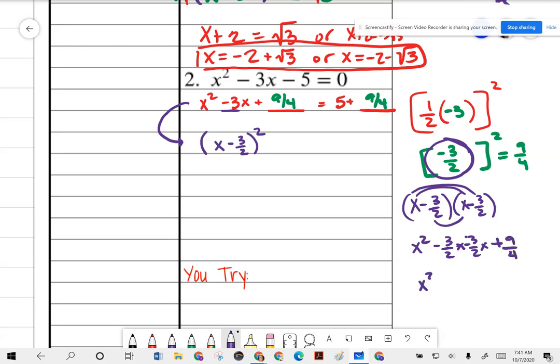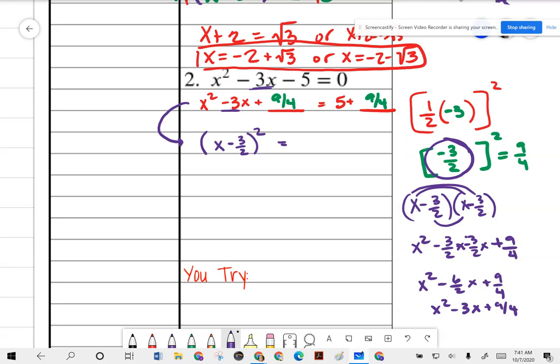So I would end up getting -6 over 2x plus 9/4, and that simply reduces to -3x plus 9/4. So even if it's an odd number right here as your middle term, just know that you'll end up with a fraction in part of your factored form.